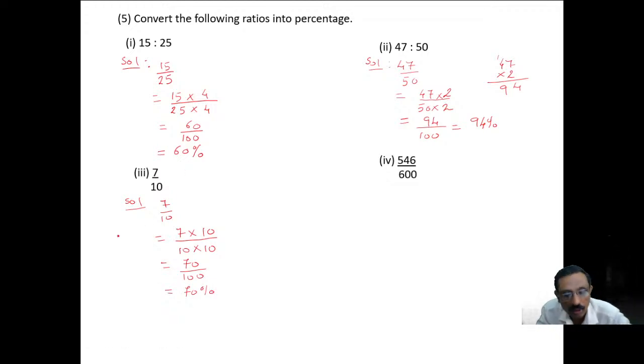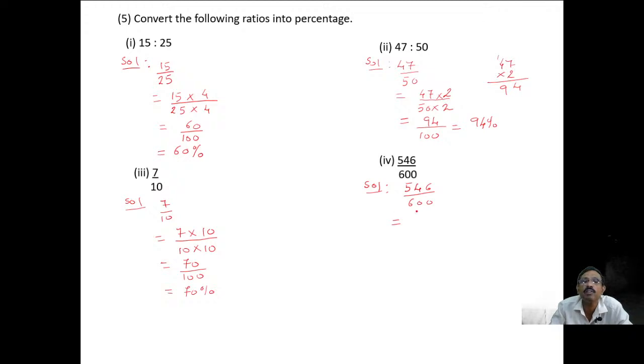Let us move to the next one. 546 upon 600. Let us see this. 546 upon 600. This is equal. Now if you look at these numbers, from a smaller number we were multiplying and coming to 100.